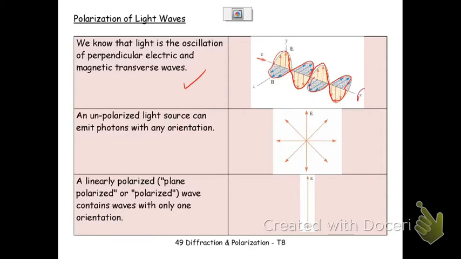If I look along this direction, I see this thing wiggling towards me like that. Well, that's one photon. Maybe another photon will have another orientation, and another, and another. So there's going to be a variety of orientations for this electric field.